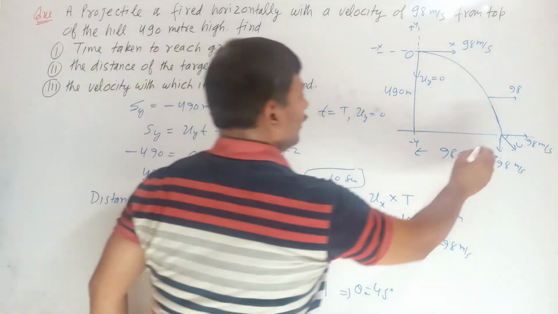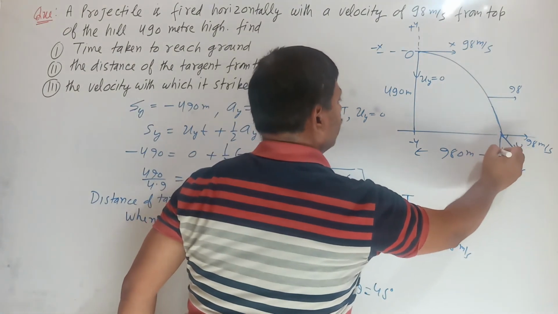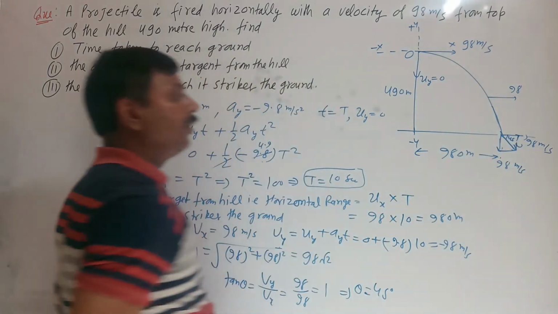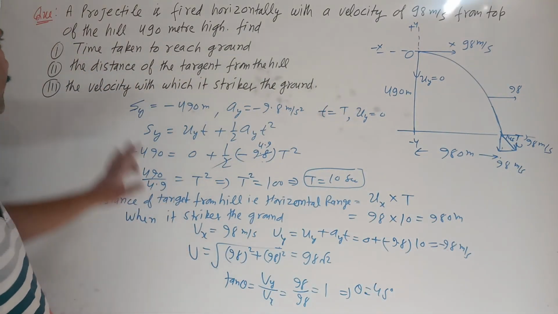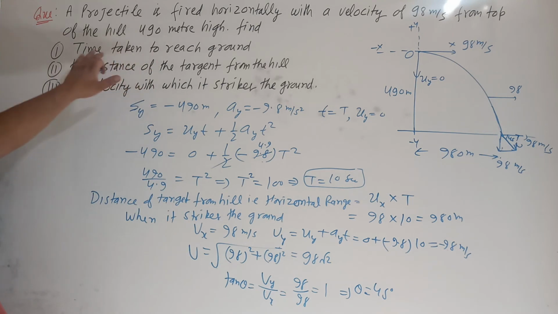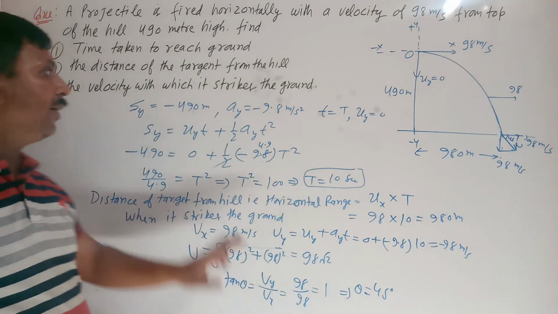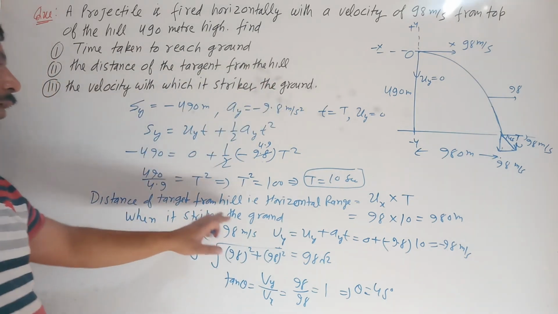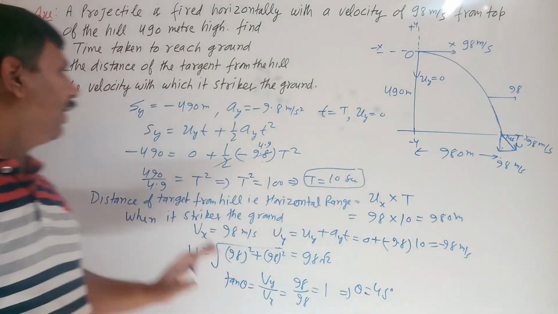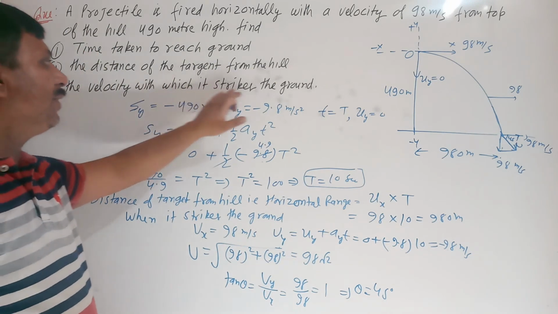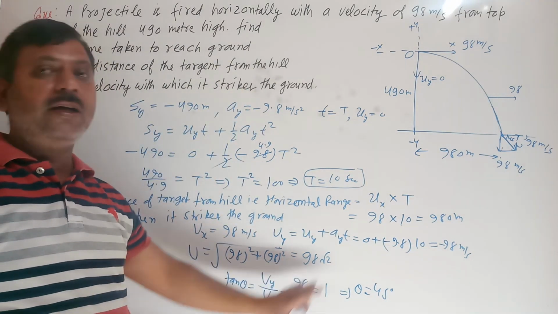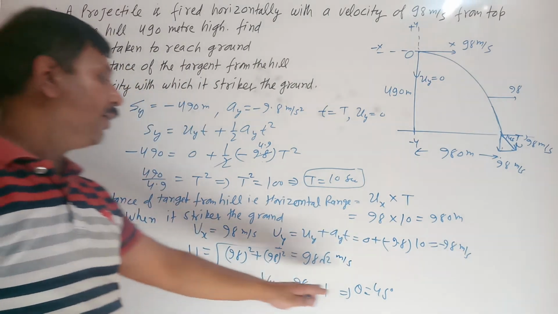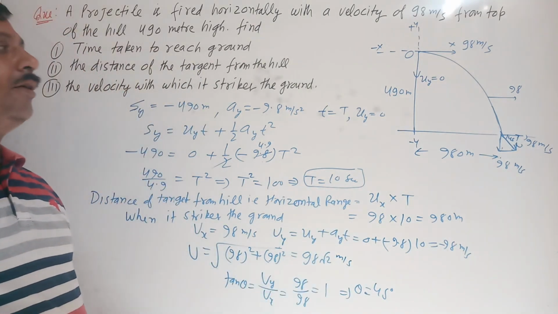When it strikes the ground, the direction of velocity will be 45 degrees from the horizontal. So all three answers here are: time taken is 10 seconds, distance of the target from the hill is 980 meters, and the velocity with which it strikes the ground is 98 root 2 meters per second, making an angle of 45 degrees with the horizontal.